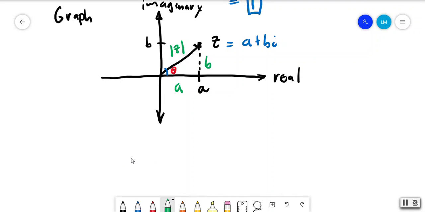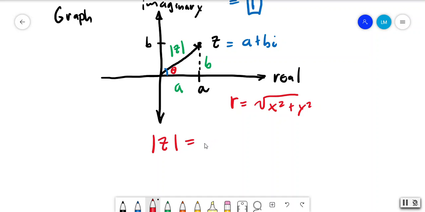So it looks like this is sort of similar to the rectangular coordinates, where we say that r is equal to the square root of x squared plus y squared, and that's it, right? It's actually the exact same thing. The modulus of z, the complex number, is equal to the square root of a squared plus b squared.